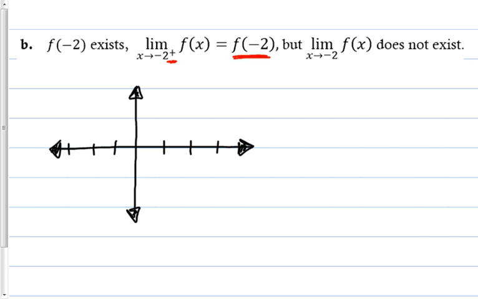So here's negative 2. Let's say this right here is what my f of negative 2 equals. And my right-hand limit needs to be the same as that dot. So here's the right part of my graph. Now the left part of my graph is not allowed to be the same height as my right part.